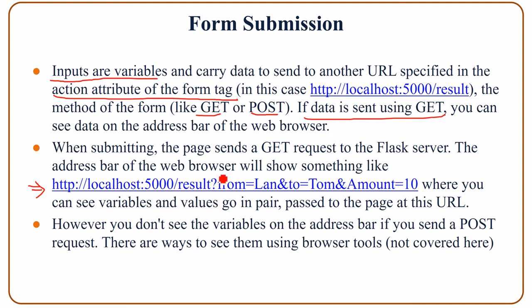After the main URL that we had before, after the question mark, there is the query string, and you can see the variables and the values go in pair, right? So from, which is the key, and len, which is the value, to is a key, and tom is value, amount is a key, and 10 is a value.